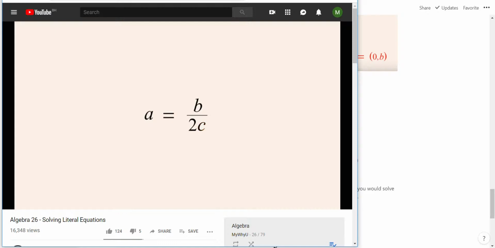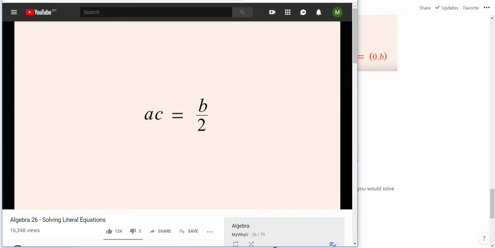We can do this by multiplying both sides of the equation by C. Multiplying the fraction on the right by C is the same as multiplying the fraction's numerator by C. We can then cancel the C's in the numerator and denominator.